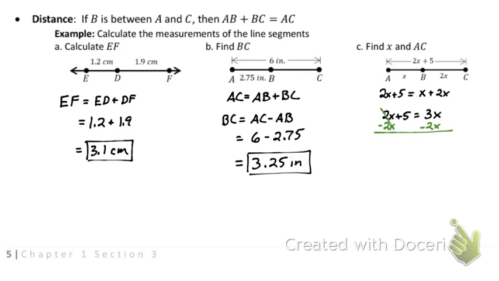Boom. And we're left with 5 equals x. A better way to write that is just x equals 5. You'll notice in this class, I don't know if you guys did this in algebra, a lot of times I'll just circle this because it is the answer. 5 equals x is the same thing as x equals 5. So a lot of times I'll just circle and say, I'm done. You figure out how to flip that around. All right, that's distances.